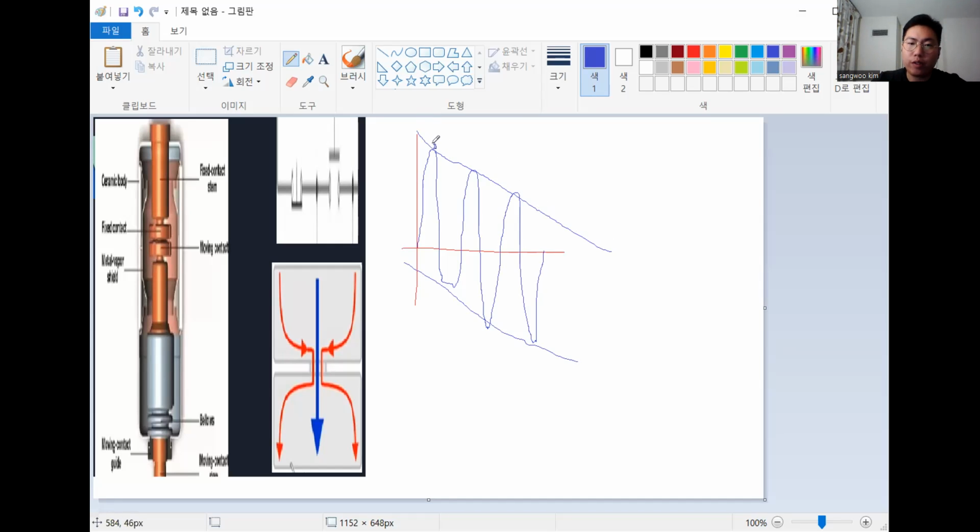So first of all, this point, as I said, look at that. The magnetic force is proportional to the current squared, right?